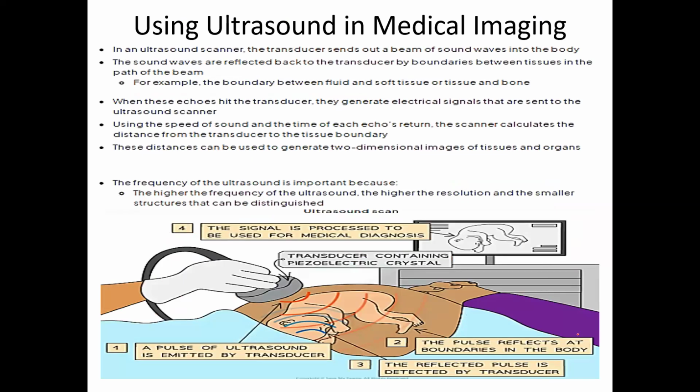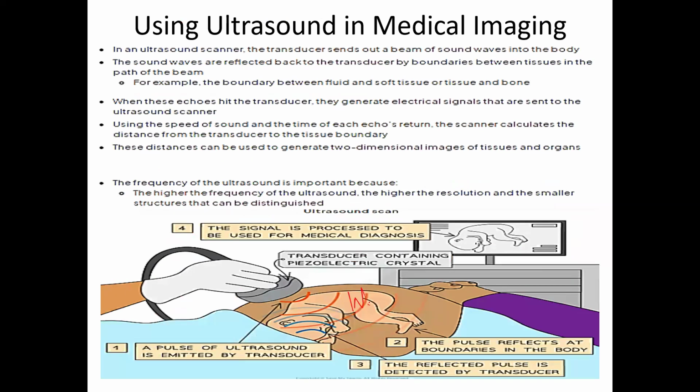So next is using ultrasound in medical imaging. How are we going to use it actually? You can see this diagram tells us what happens in an ultrasound. Here you can see the ultrasound transducer is being kept on the womb.